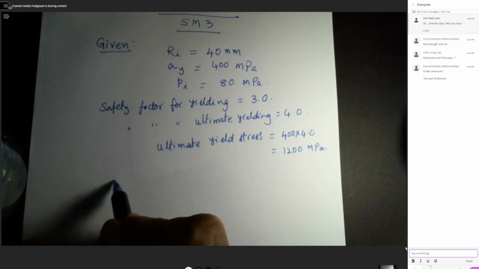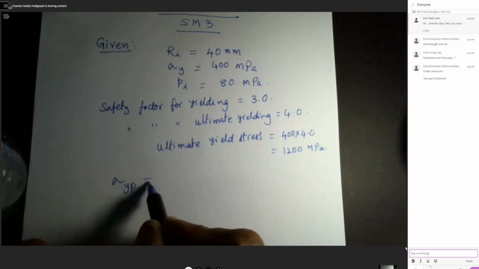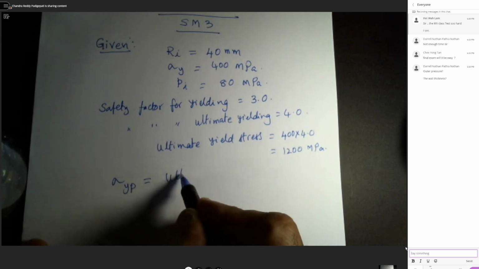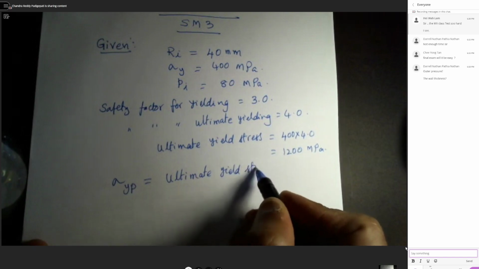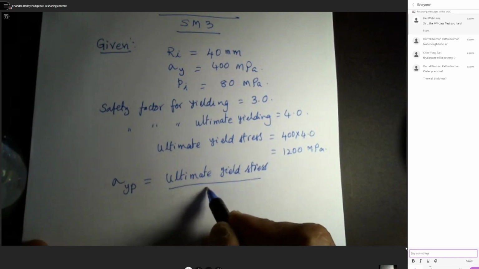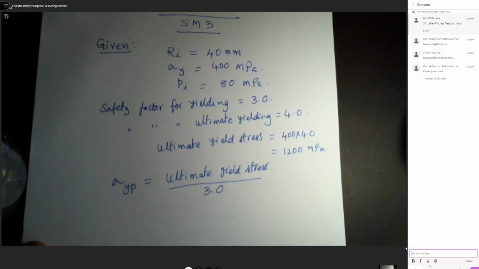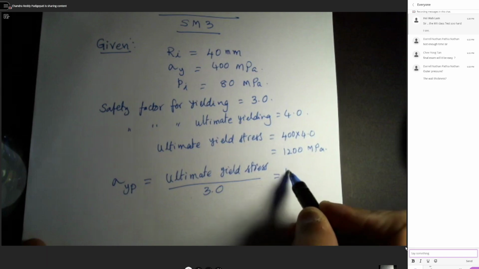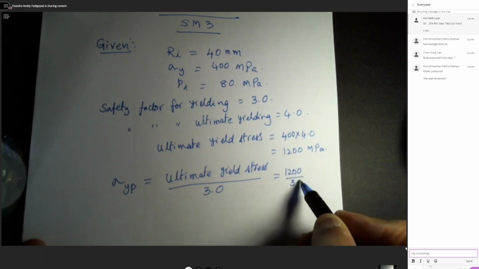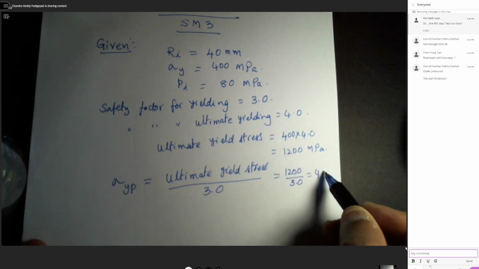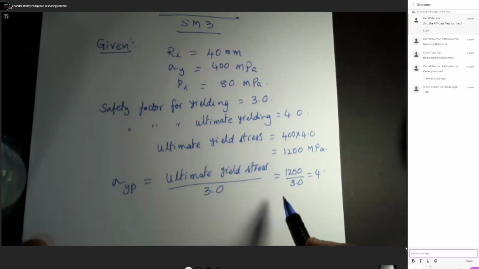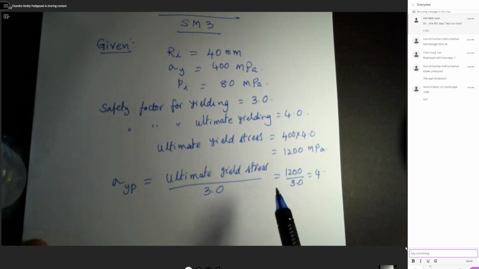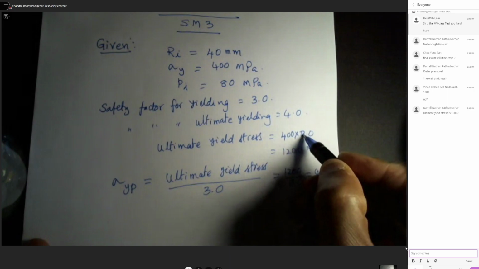For plastic yielding, the safety factor will be ultimate yield stress over 3.0, so 1200 over 3.0, that is 400. I'm sorry, you need to use 4.0. This one is 3. Sorry.